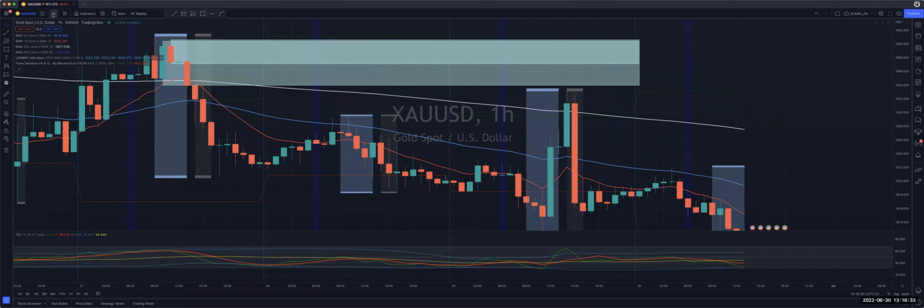Let me actually do this. This was the Asian session. When you're day trading and you're trading the London session, what you're waiting for is for the dealer to violate the Asian highs.